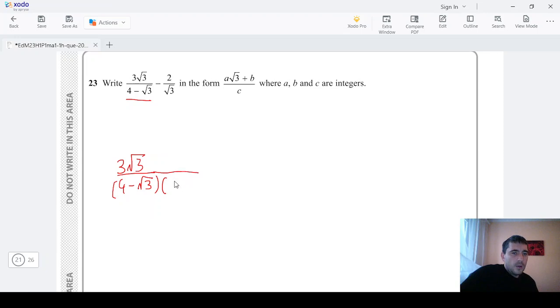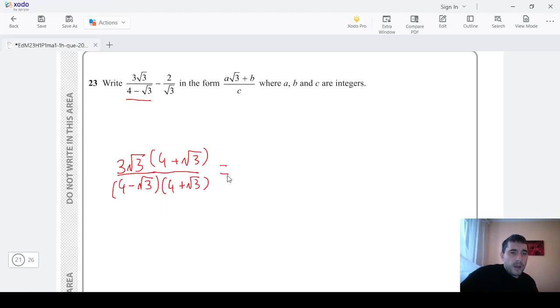So I need to multiply both bottom and top by 4 plus root 3. If I multiply by the same expression for top and bottom, the fraction does not change.